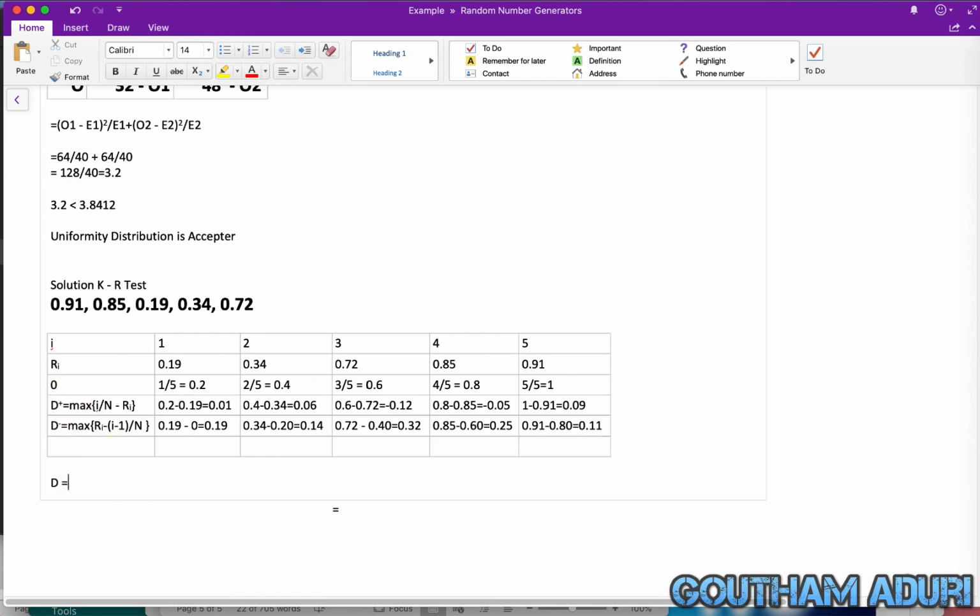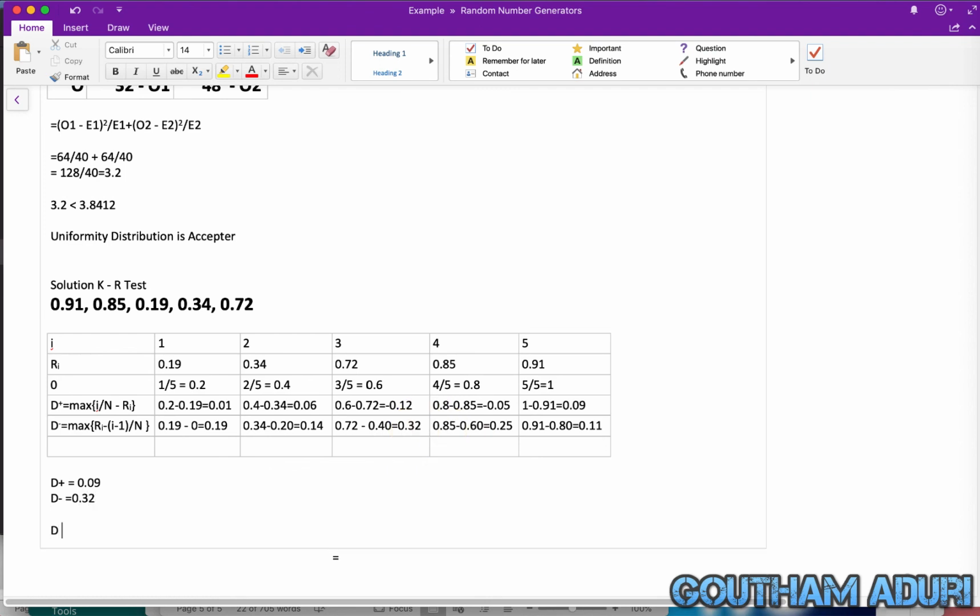First I have to find D plus. What is D plus? It's the maximum value of this set, I think 0.09. And D minus is the maximum value of this set, so it's 0.32.